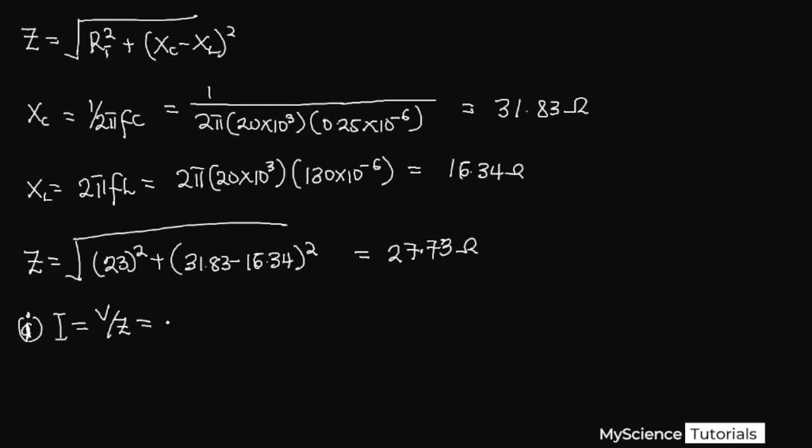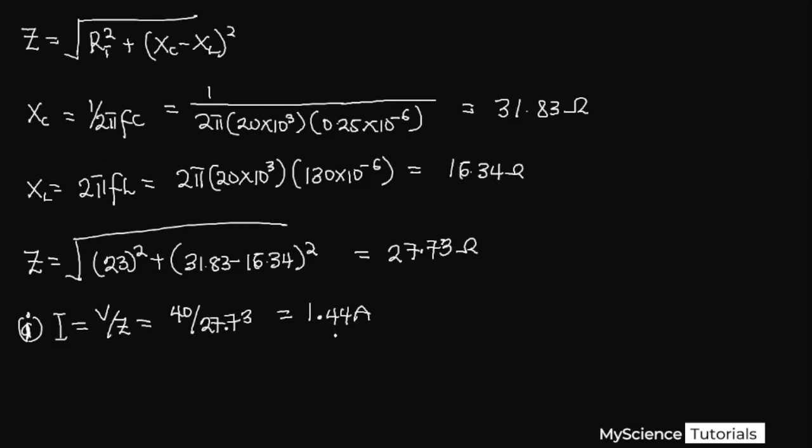Our voltage, as we saw earlier on, is 40, and we just found our impedance to be 27.73. So 40 on 27.73 is equal to 1.44 amperes. So the current flowing through that entire circuit is 1.44 amperes.